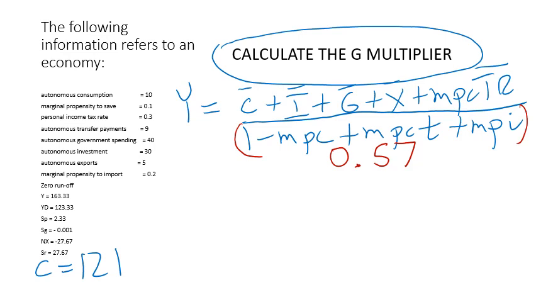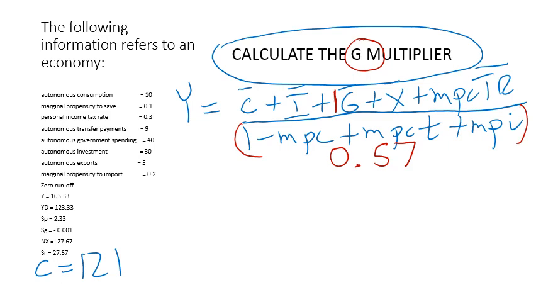Well, specifically the G multiplier. Well, what's the implied coefficient of G? It's 1. And in the denominator, this number 0.57, this represents the runoffs: MPS, which is saved, T, which is taxed, and MPI, the percentage which is spent on imported things.